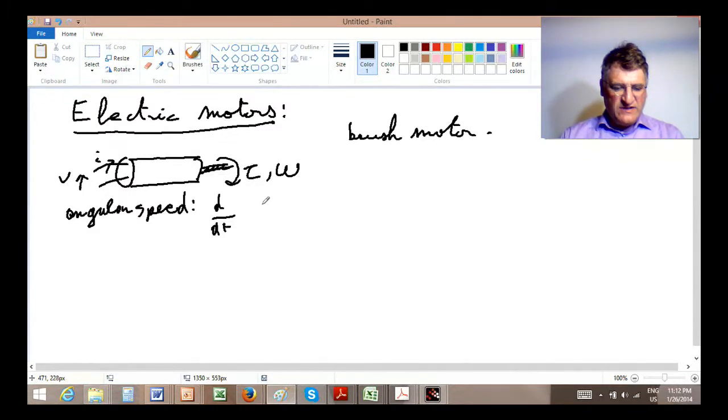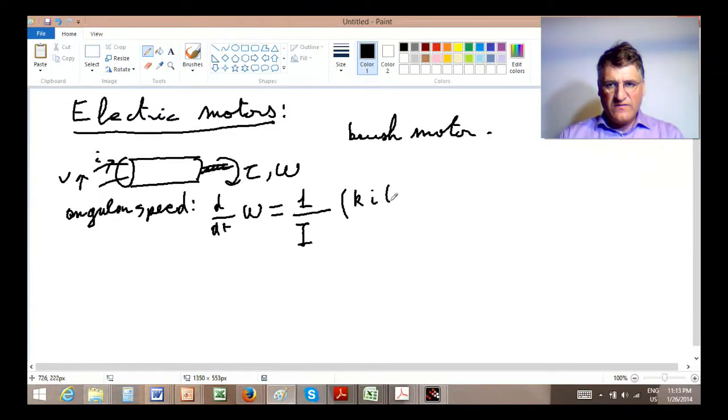The angular speed d/dt of omega must be equal to 1 over I, the inertia of the motor, times Ki of t minus B1 omega t minus F.